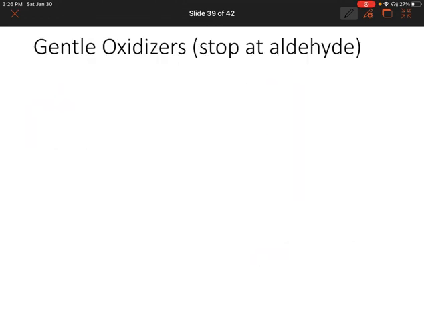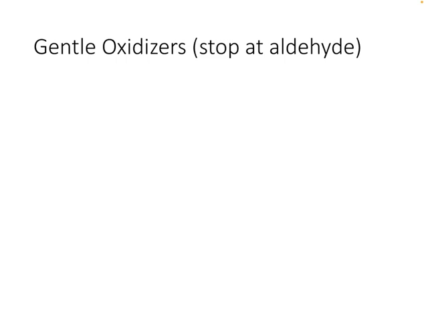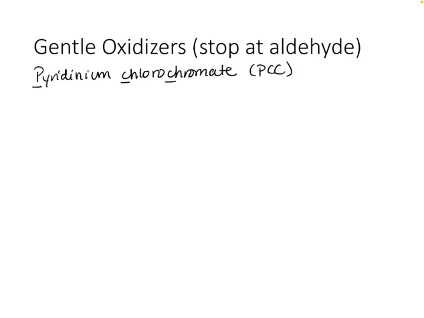And that will allow us to stop at the aldehyde if you really need to form one. Okay, so what we're going to use for this reaction is called pyridinium chlorochromate. And it's abbreviated PCC.